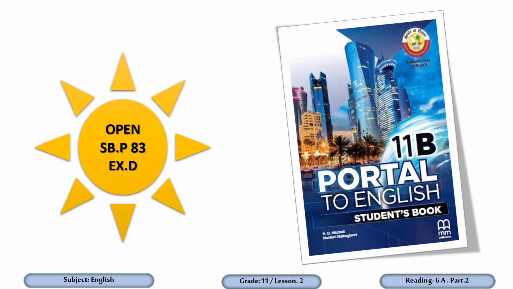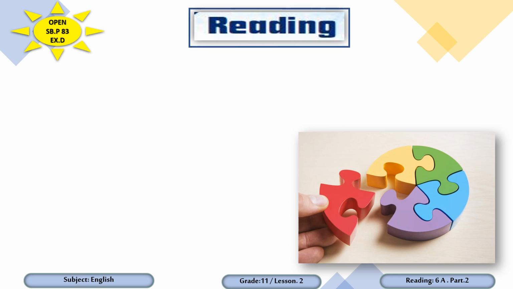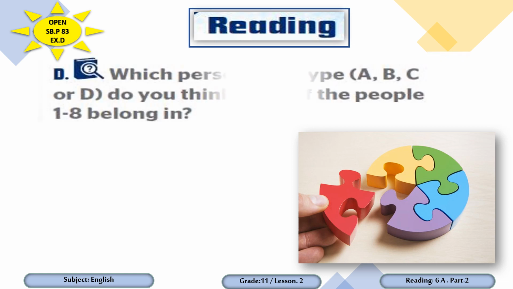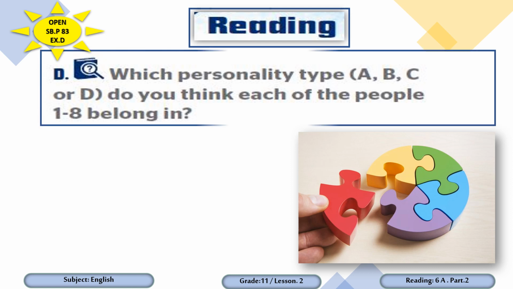Dear students, now please open Student's Book, page 83, exercise D. Dear students, please make sure that you're opening your Student's Book on page 83, exercise D. Exercise D. Which personality type A, B, C, or D do you think each of the people 1 to 8 belong in?